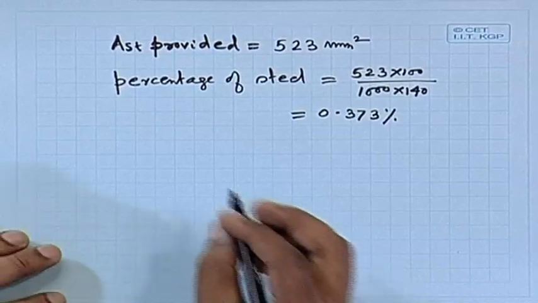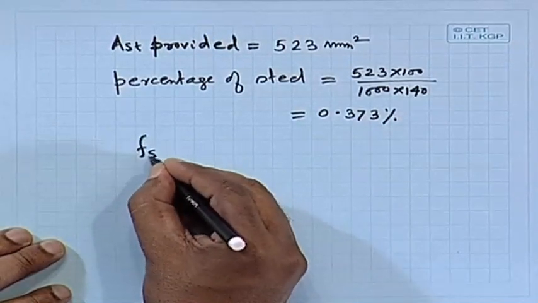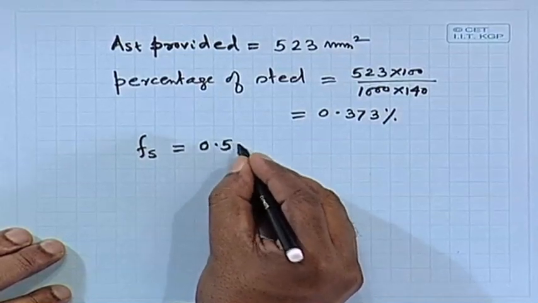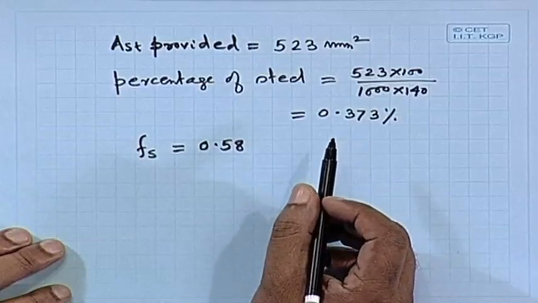There is one factor called Fs, because we would like to modify. We have assumed L by D 25. Now, we would like to check whether that is sufficient or not, because we have to control the deflection also.